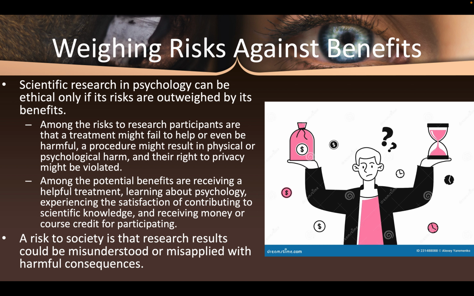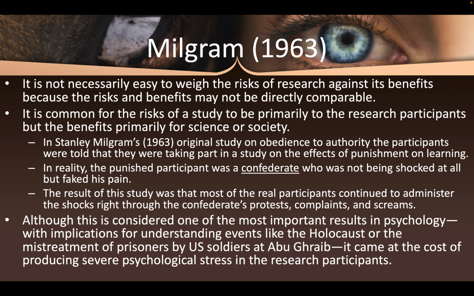A risk to society is that research results could be misunderstood or misapplied with harmful consequences, and this is not good. It is not necessarily easy to weigh the risks of research against its benefits, because the risks and benefits may not be directly comparable. It is common for the risks of a study to be primarily to the research participants, but the benefits primarily for science or society.